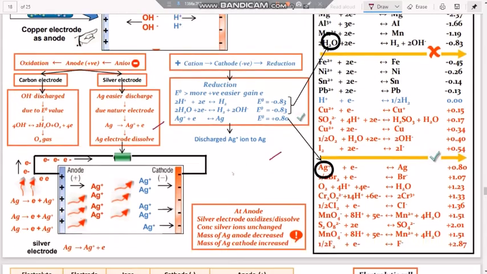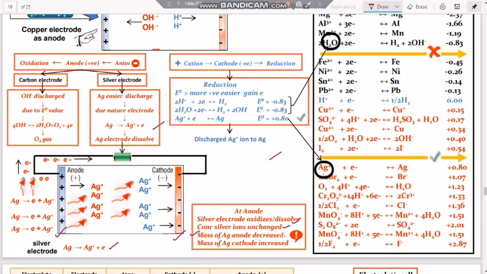Silver gets discharged at the cathode, and silver gets oxidized at the anode if you take both as silver in the electrolytic cells. So the silver electrode oxidizes and dissolves at the anode, and concentrated silver ions are unchanged at the cathode.